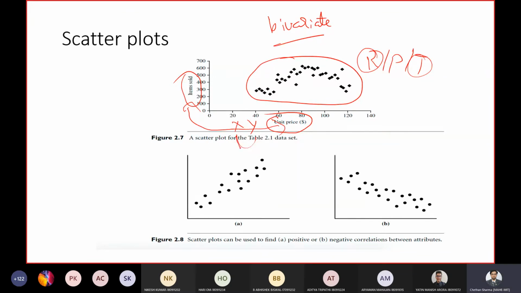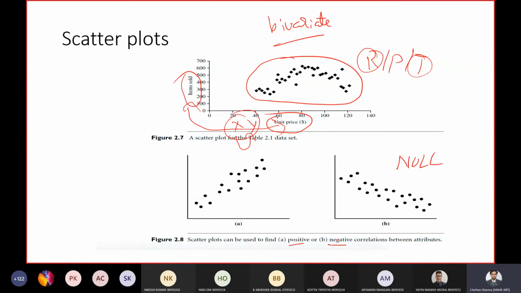If one attribute implies the other, you can tell that these two attributes are correlated. This correlation, I guess you should know, can be positive or negative or even null.